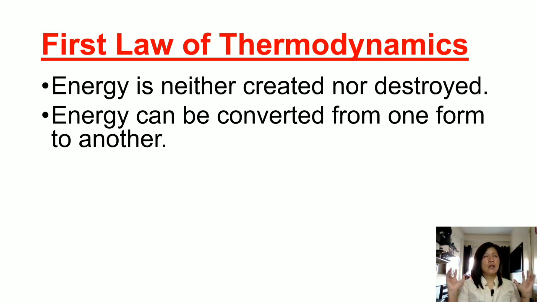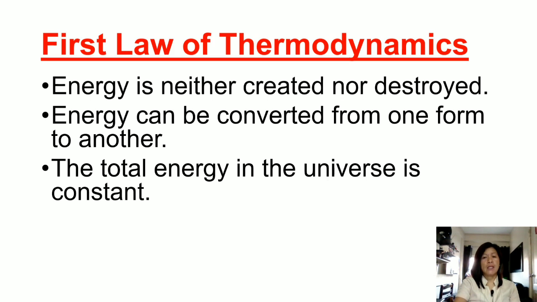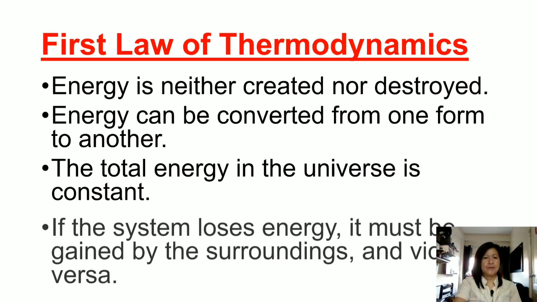With the assumption that the amount of energy in the universe is constant, we also assume that the energy forms are changing, that they are just transforming from one form to another, but energy is being conserved. Again, the total energy in the universe is constant. It's only converted from one form to another.